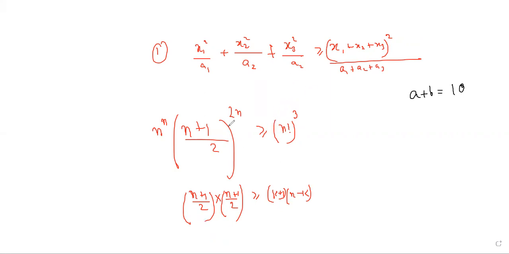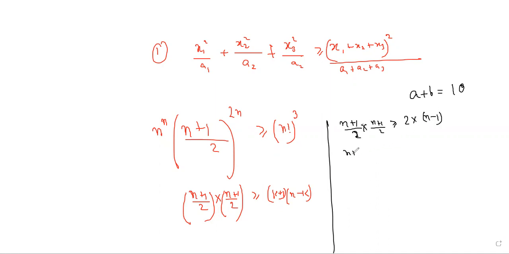So if you use this several times, you use it like this. We have n by 2, n plus 1 by 2, and another one here. This will be bigger than 2 times n minus 1, just put k equal to 1.